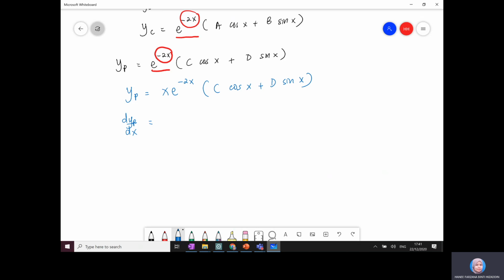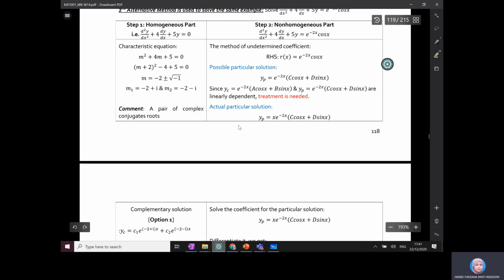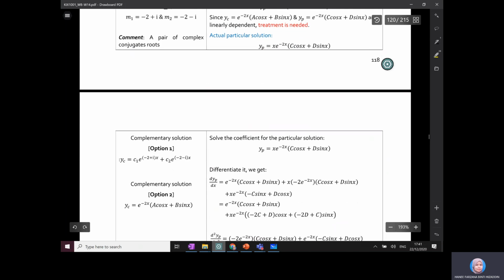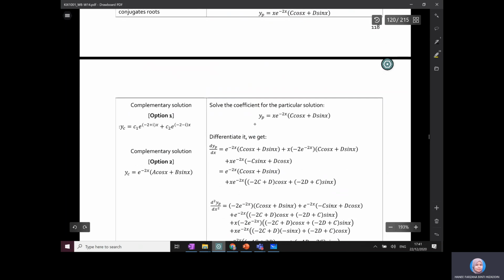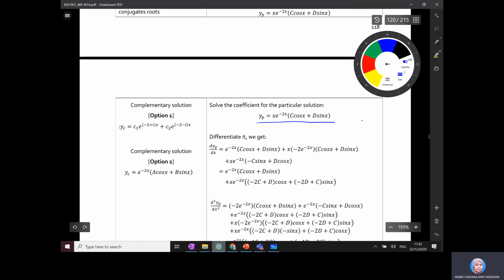This one is really a pain, well, you can follow the steps here. I've shown you that this is the yp that we're proposing, such that it is not linearly dependent with the yc.